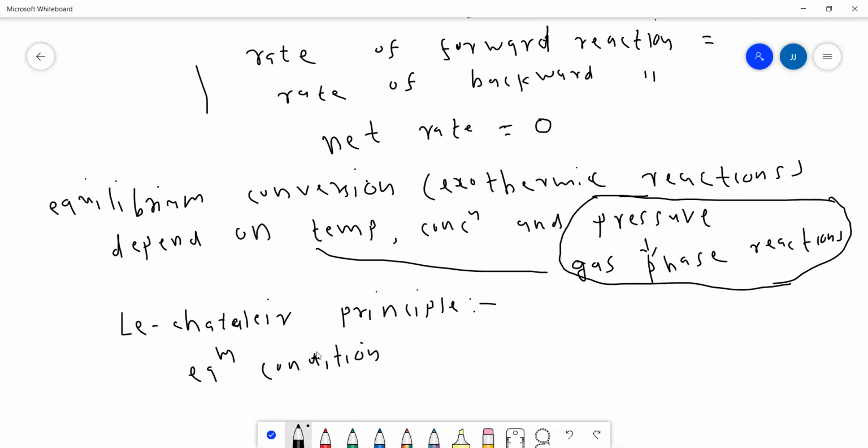For example, let's say we have an equilibrium condition, right? If we change the parameter, then equilibrium will shift, depending upon whether we increase the parameter or reduce the parameter.